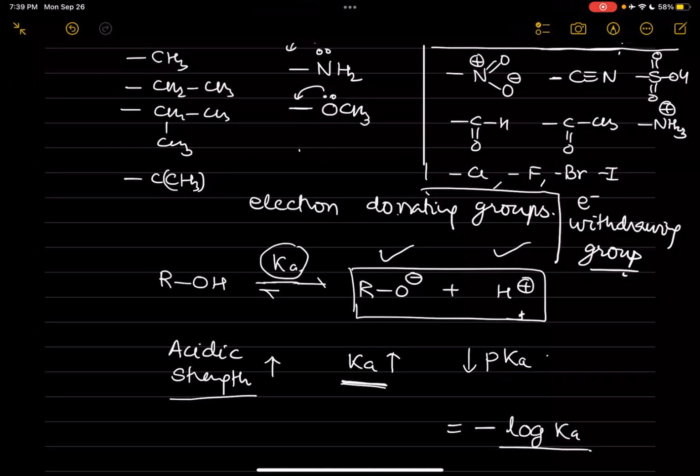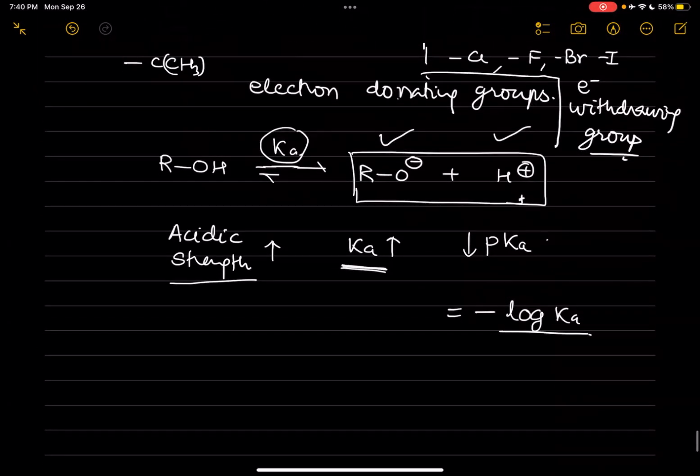Yes, sir. Any doubts? Sir, is pK a dissociation constant? No. Ka is the dissociation constant and pK is the negative logarithm of the dissociation constant. Suppose 3 is greater than 2. At 30 degrees and 20 degrees, we feel more hot at 30 degrees and 20 degrees is a bit cool, right?